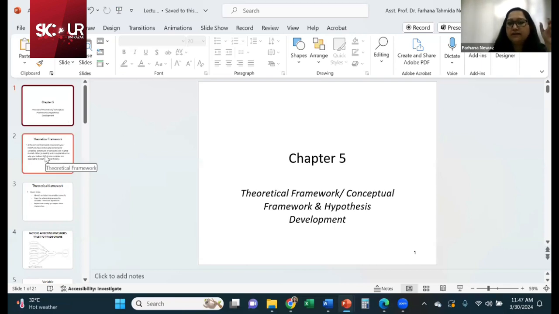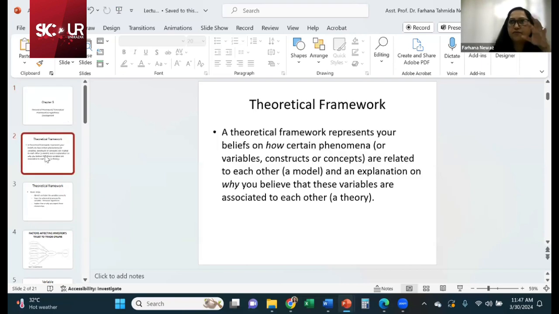So the theoretical or conceptual model means a model, a figure or a picture that represents your beliefs on how certain phenomena are related. These phenomena could be variables, constructs, factors, concepts, domains, dimensions, and so on. Different people call them by different terms.